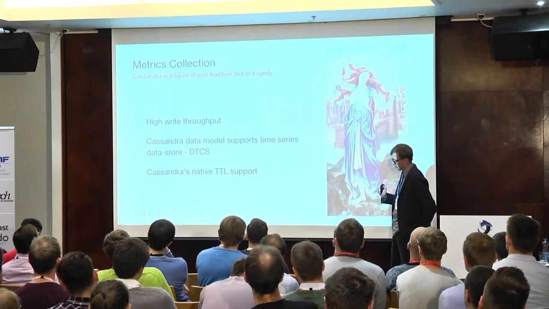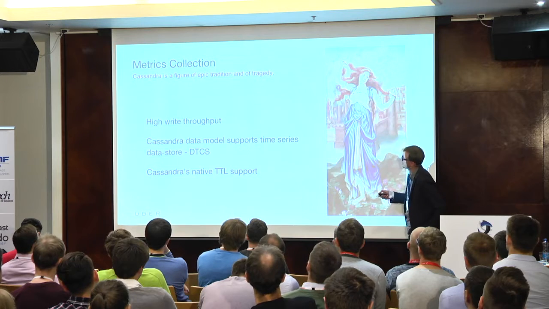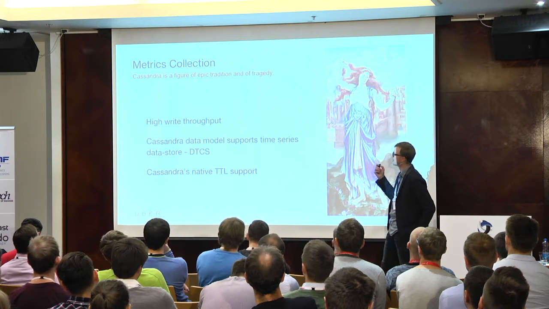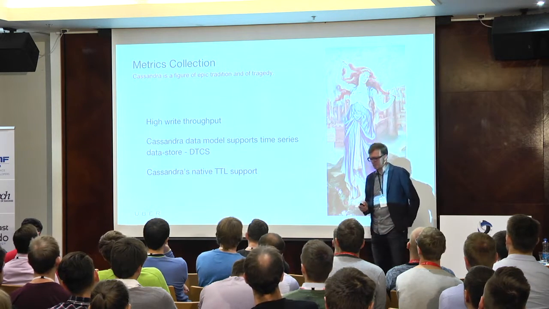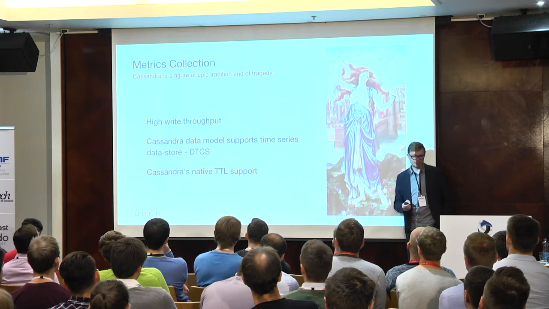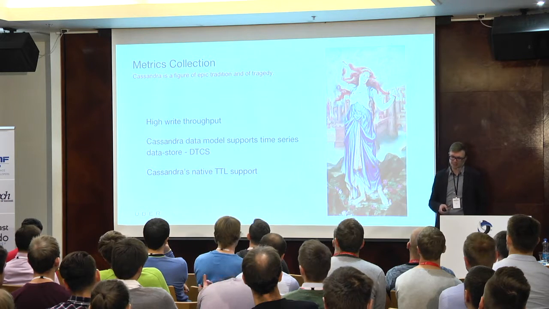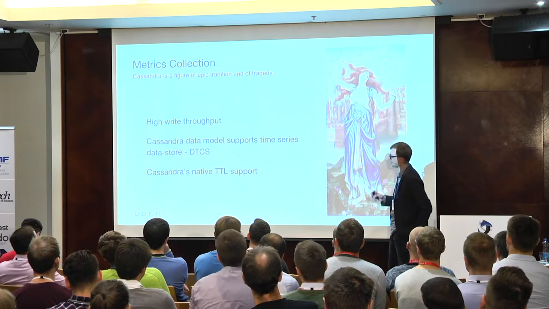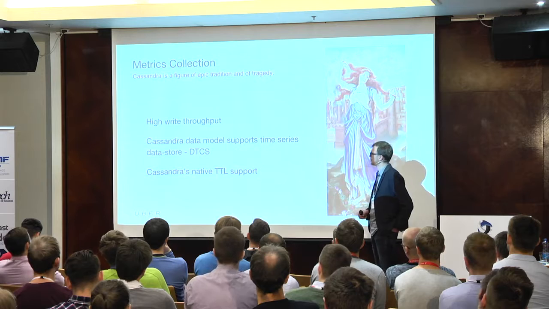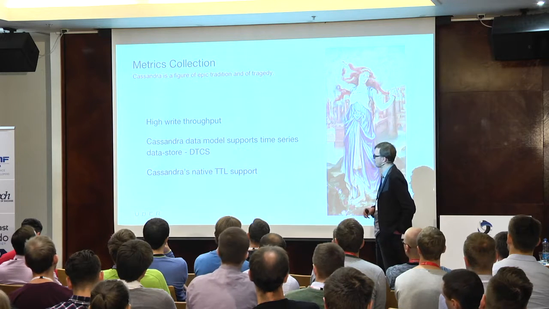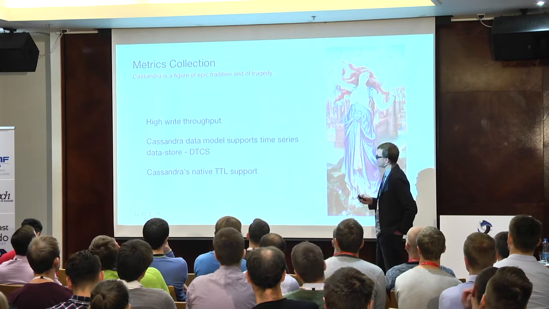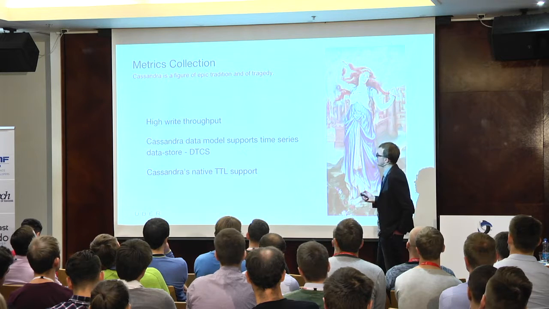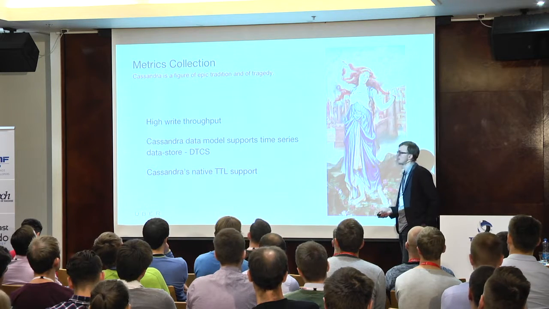So a bit more about Cassandra. If you look in Wikipedia, Cassandra is the figure of epic tradition and tragedy. So we lived through really painful moments of scaling Cassandra, growing Cassandra, learning Cassandra. So if you take this to production, be a bit cautious. It can handle a really great amount of writes.